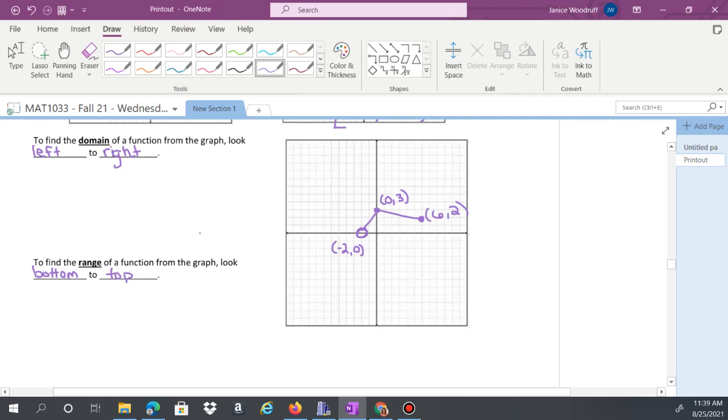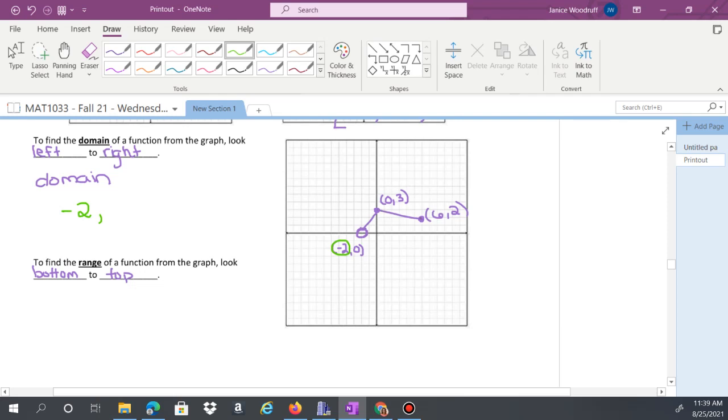Okay, so we want the domain and the range of this function. So let's start with the domain. Okay, my leftmost x value is going to be what? -2, yes. Start on the x-axis. You get to this point first. So -2. My rightmost x value, so now I'm going to go along the line and go to the right.